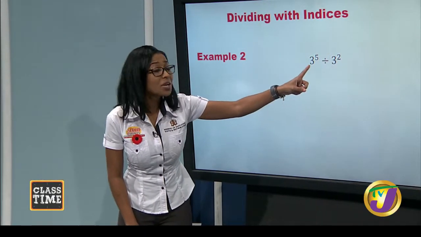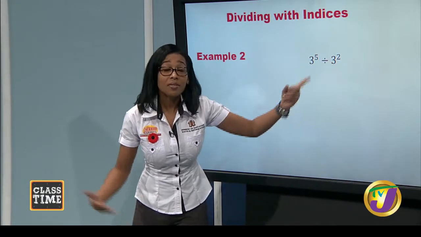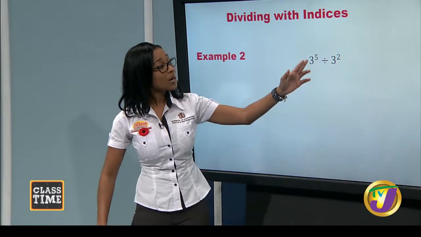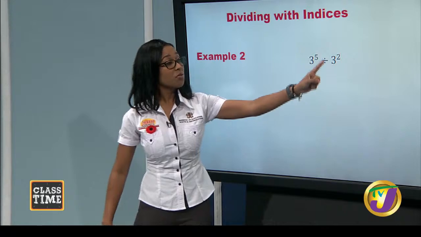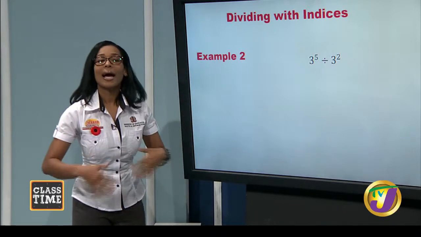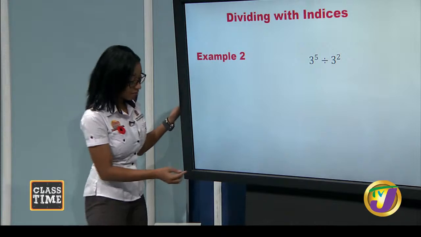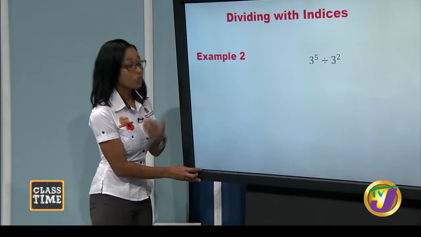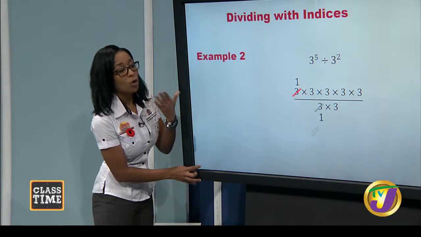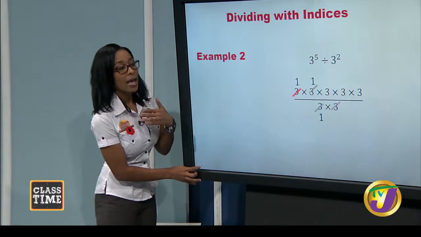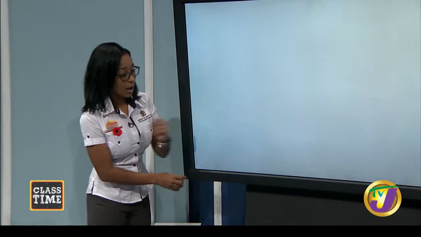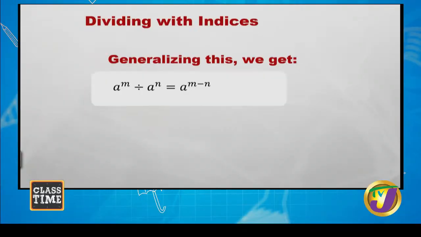So we can just subtract: 5 minus 2, which would be 3 raised to the 3rd power. And this is my long way: I expanded my numerator, expanded my denominator, and arrived at 3 cubed.